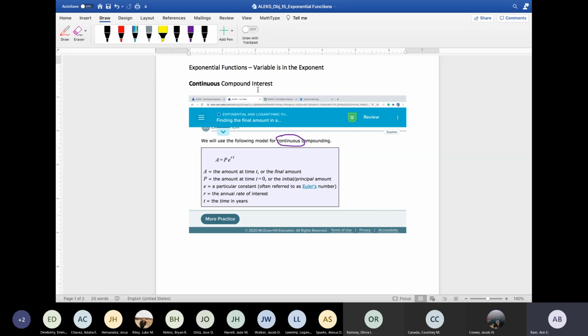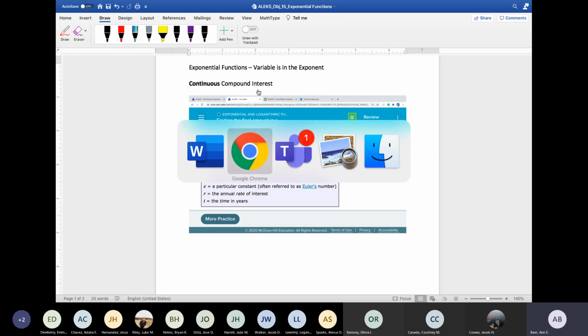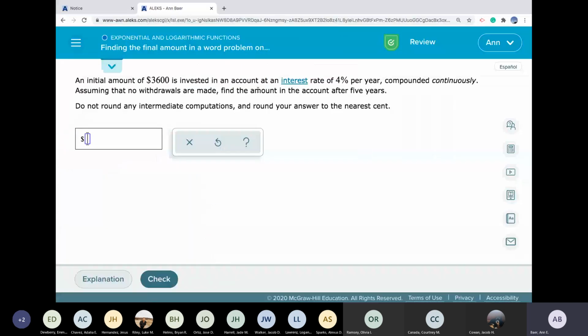So let's see what kind of problem Alex gave us. Let's go back up to Alex and write down what we need to write down. So we have an initial amount of $3,600 is invested in an account.